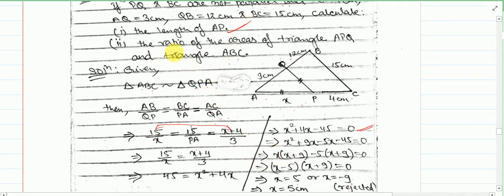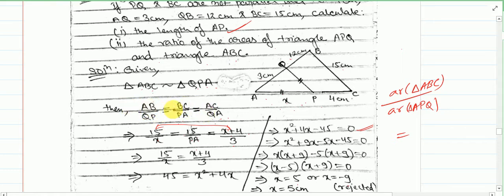Now we have to find the ratio of areas of triangle APQ and triangle ABC. So the area of triangle ABC upon the area of triangle APQ will be equal to a square of these sides.